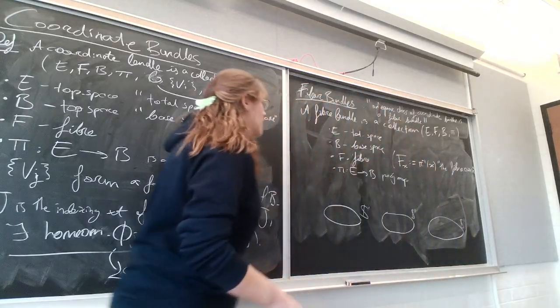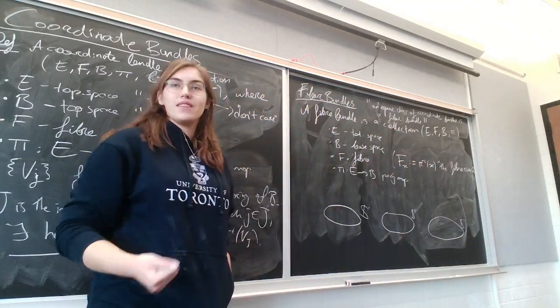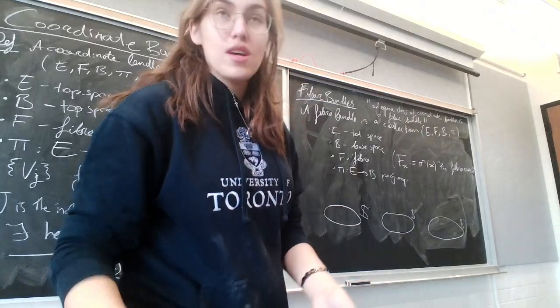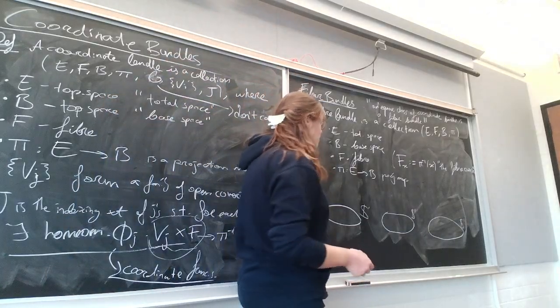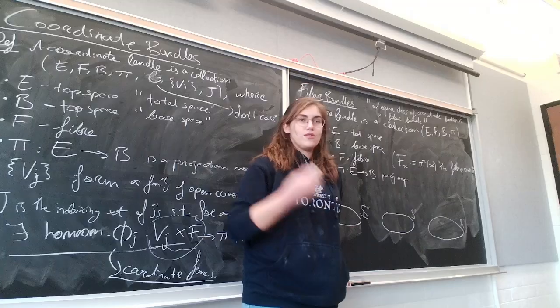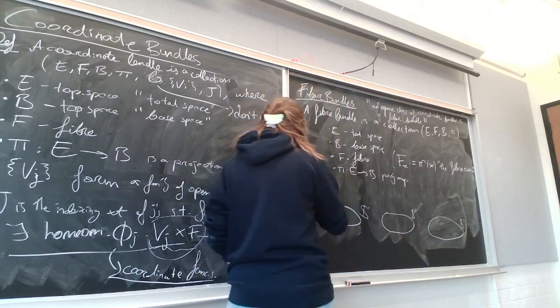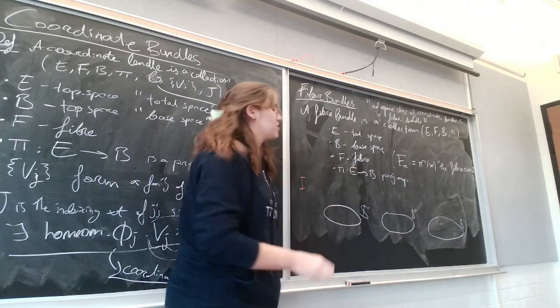Okay. And we want to form fiber bundles over this base space. Now, how can we do that? First, we have to choose our fiber. Well, what can we choose as our fiber? Anything we want. Let's say I want to choose my fiber to be I, which is the unit interval.